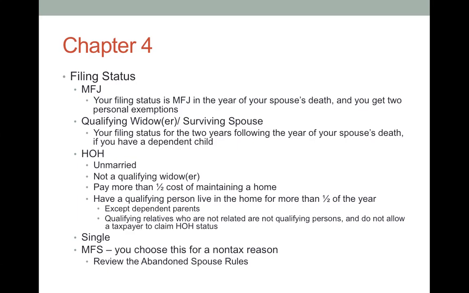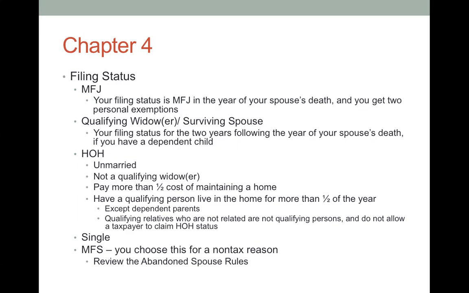In order to use this status, it has to be a child. If you have a qualifying dependent child, then the year of death, you file married filing joint. And the next 2 years, if you don't remarry, you get to file as a qualifying widow or surviving spouse. So basically, for 3 years, you get the benefit of the best tax rates. First year, married filing joint, next 2 years, qualifying widow or widower.